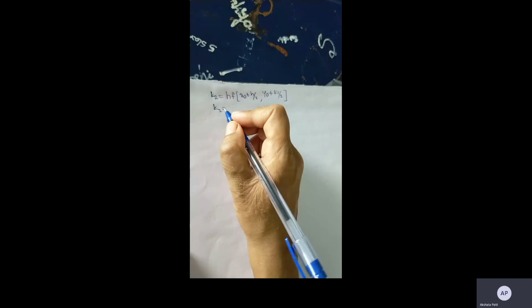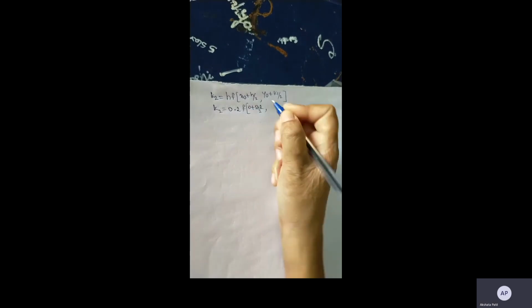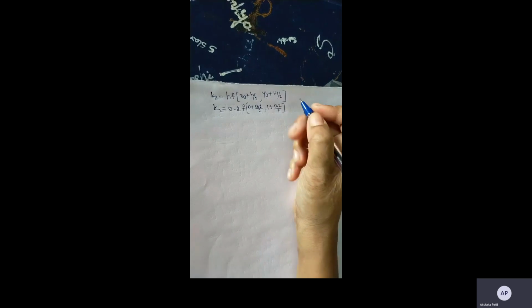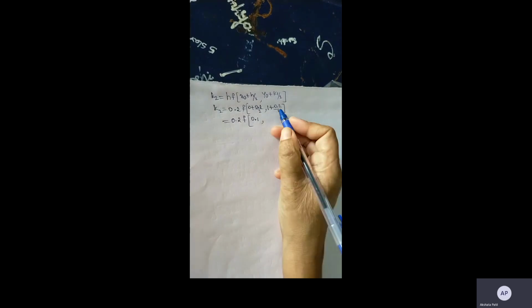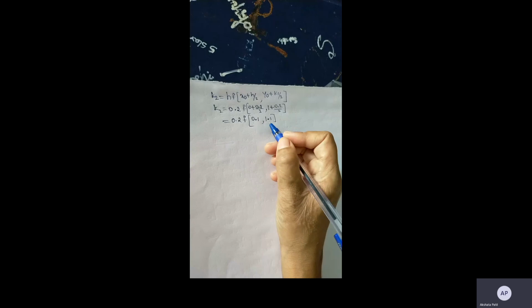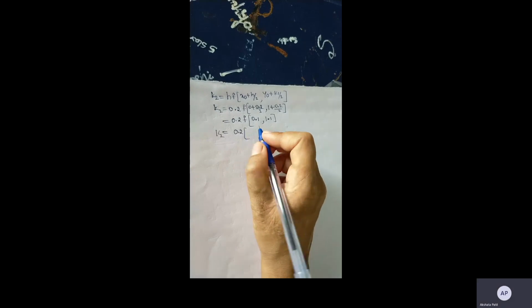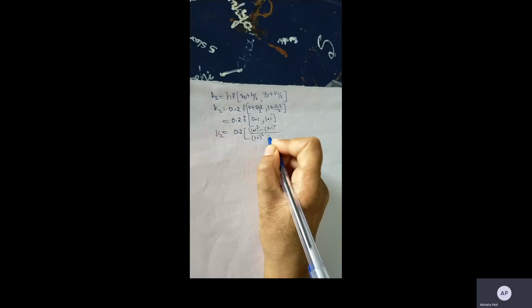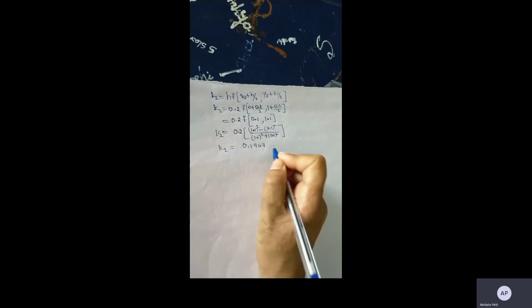So h is 0.2, x0 is 0 plus 0.2 divided by 2, which is 0.1, and y0 is 1 plus 0.2 divided by 2, which is 0.1, giving 1.1. Substitute these new values in the differential equation: k2 equals 0.2 into (1.1² − 0.1²) divided by (1.1² + 0.1²). Simplify, and you will get k2 equals 0.1967. So this is our k2 value.